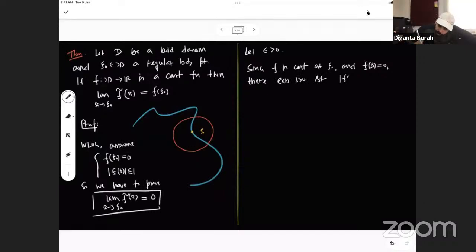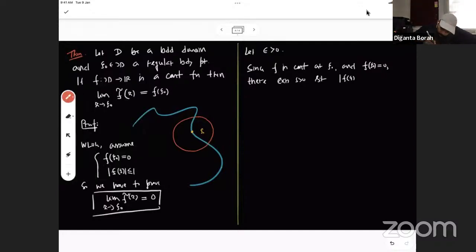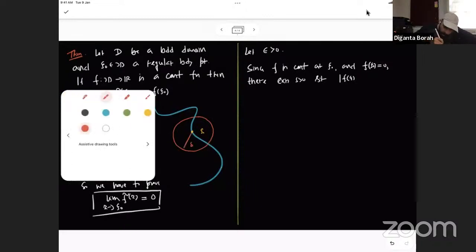So mod of f of zeta. This function is defined only on the boundary, so zeta is on the boundary. Basically, if you look at this portion, this is the delta.